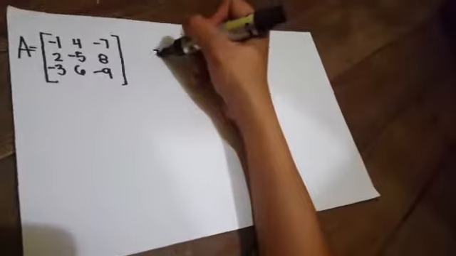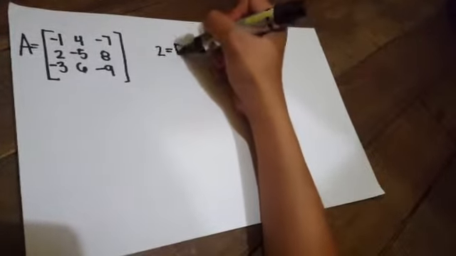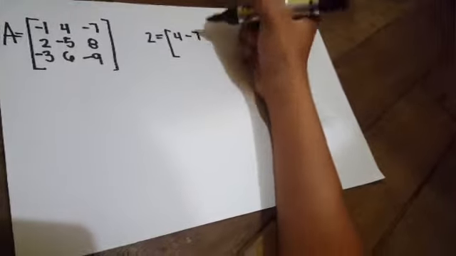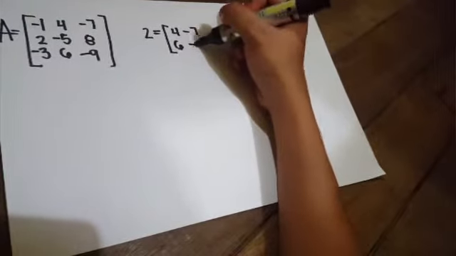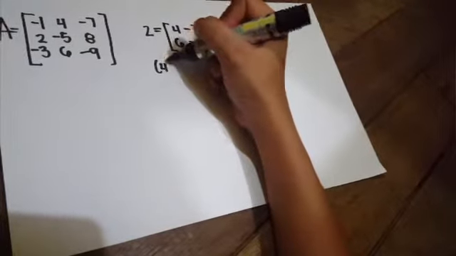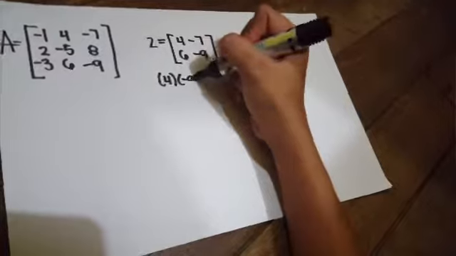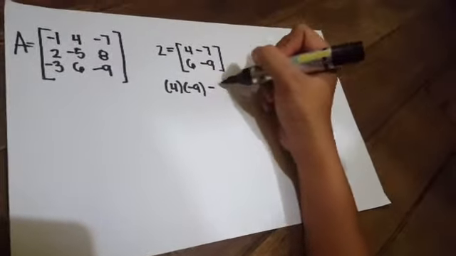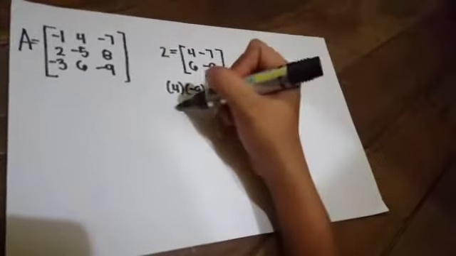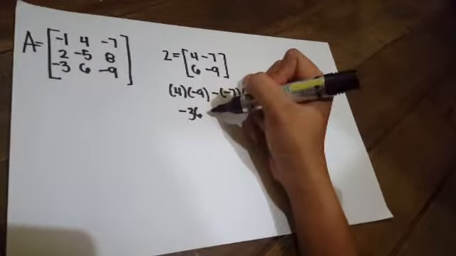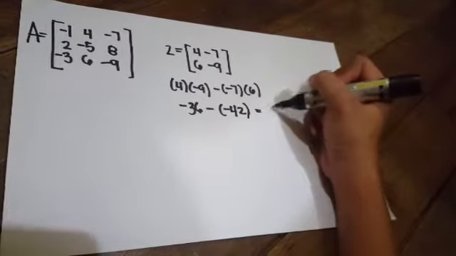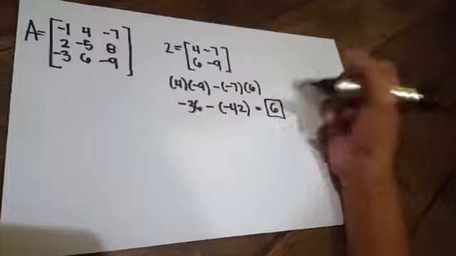For 2, the remaining entries are 4, -7, 6, -9. Cross multiply: 4 times -9 minus -7 times 6. -36 minus -42 equals +6.